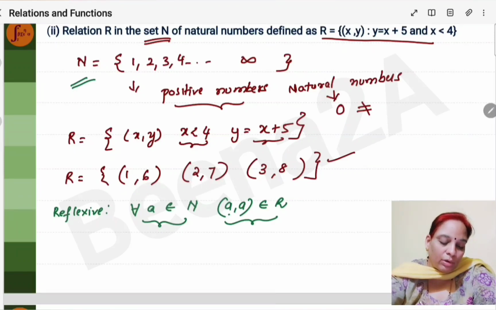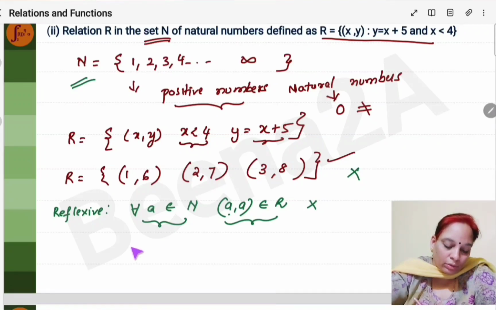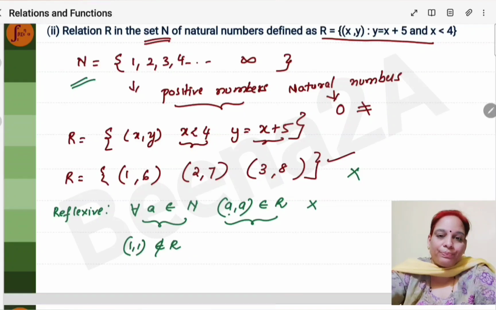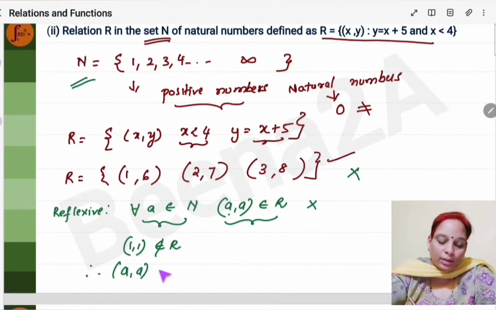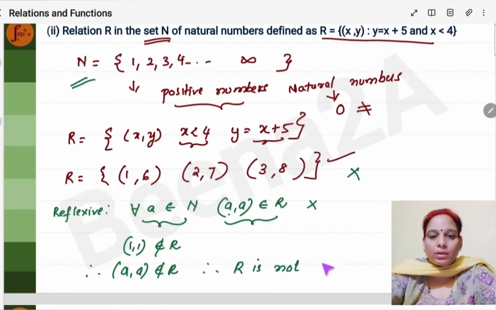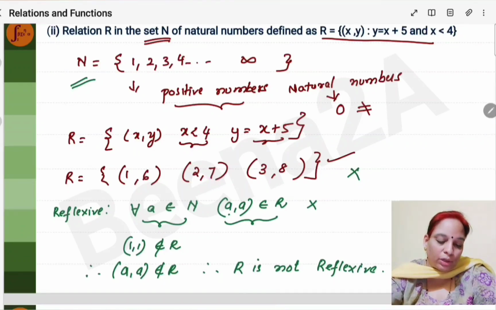Do we have (1, 1) here? No, (1, 1) is not there. So (1, 1) does not belong to R. Therefore, (a, a) does not belong to R, and R is not reflexive. You don't have (1, 1), (2, 2), (3, 3). Therefore R is not reflexive.